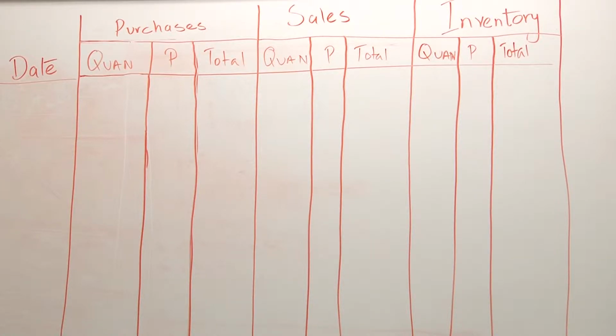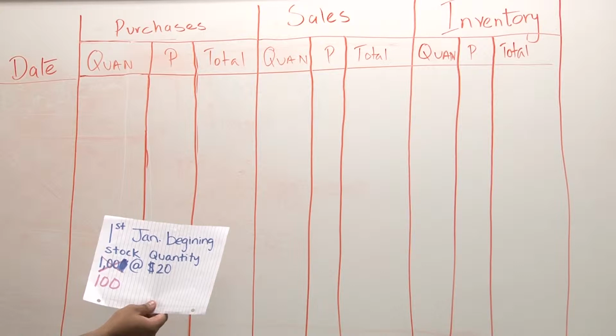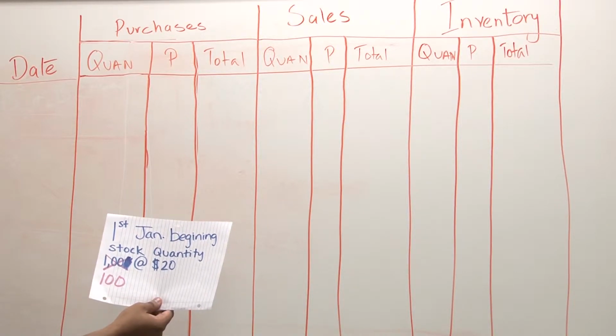So it was the 1st of Jan when I bought my first inventory. I have my 1st Jan beginning stock quantity.